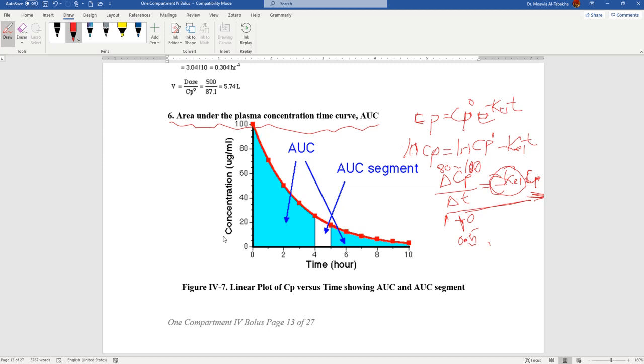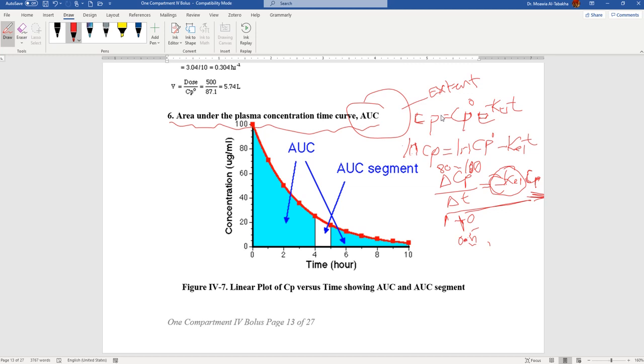So in order for us to know how much is getting inside, we need to know about AUC, area under curve. So area under curve talks about extent, meaning the quantity that gets inside the systemic circulation.